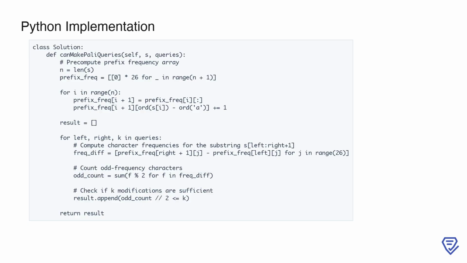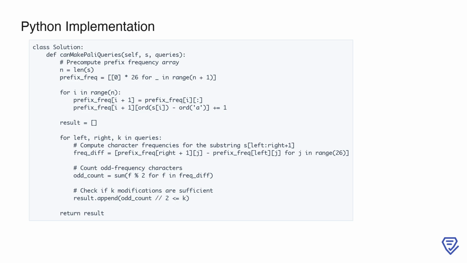3. Odd character count. A palindrome requires at most one character with an odd frequency. The algorithm counts the number of odd frequency characters in the substring, which is derived from the computed frequency differences. 4. Check feasibility with k. Each odd frequency character pair requires one modification to form a palindrome. Thus, the number of modifications required is odd_count // 2.